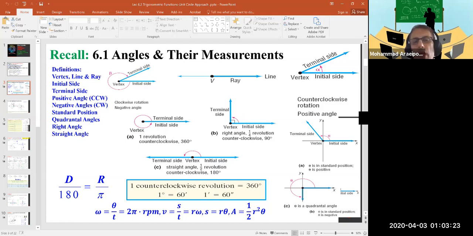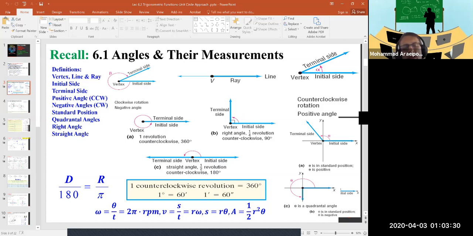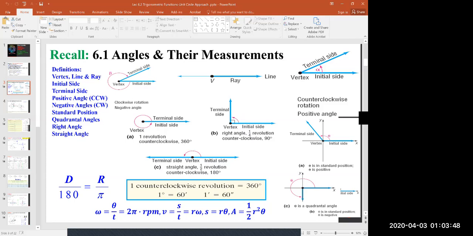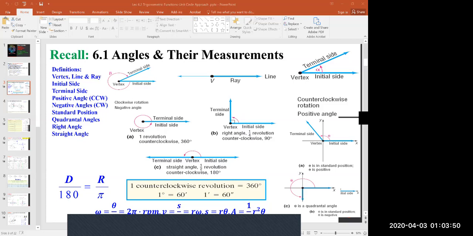And then omega is called the angular velocity, and that is theta over T, and the relationship between the two is such that V becomes R omega. Bear in mind that S, the arc length, is R theta, and the area of a sector is simply put A equals 1/2 R squared theta.